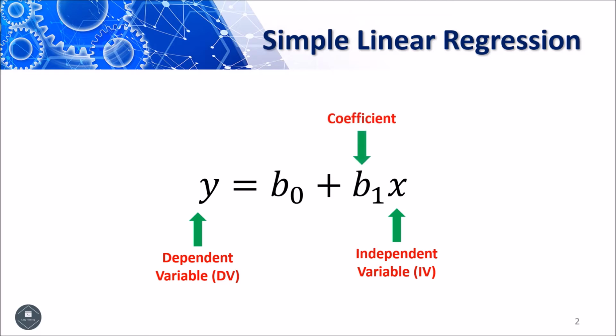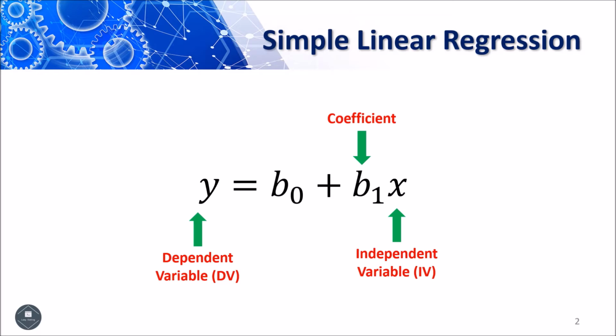Then b1 is the coefficient for the independent variable, and it describes how a unit change in x affects a unit change in y. We'll be talking about this a lot. It's kind of a translator or multiplier that connects y and x.